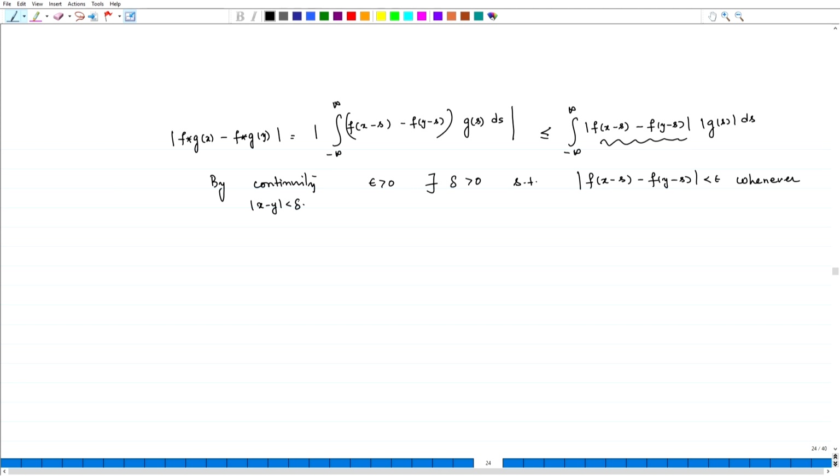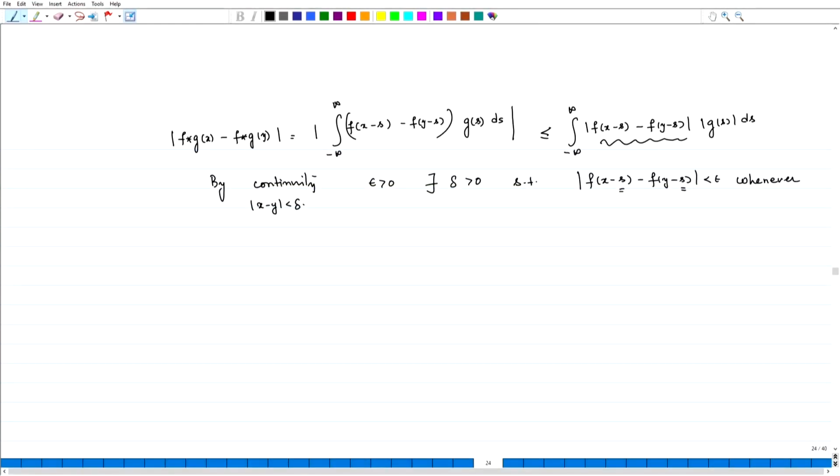But as you can see, here in the integral, for every s, my delta can depend on s.